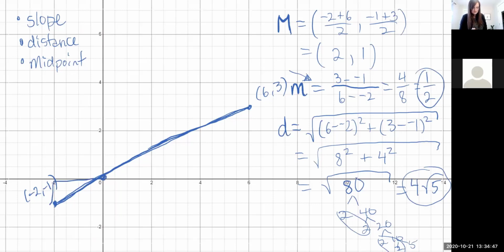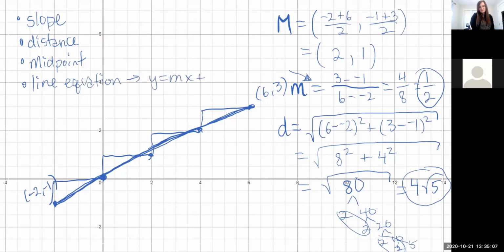So it does actually cross through 0. I just didn't draw it very well. Right? So it goes through 0. If you're reviewing line equations, remember you have your y equals mx plus b as your general formula of a line.